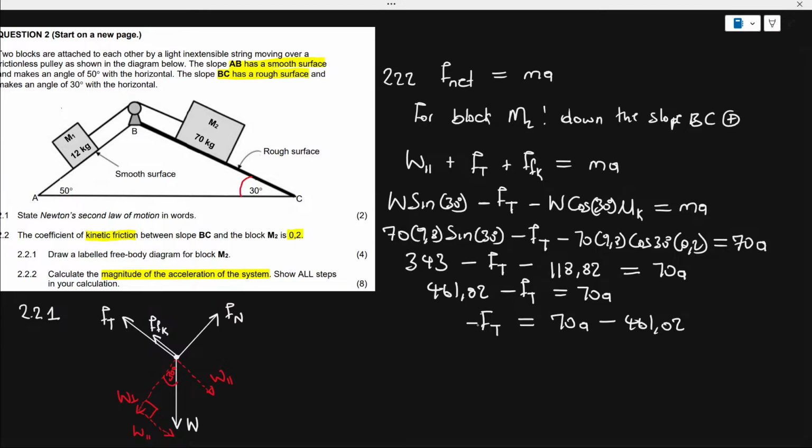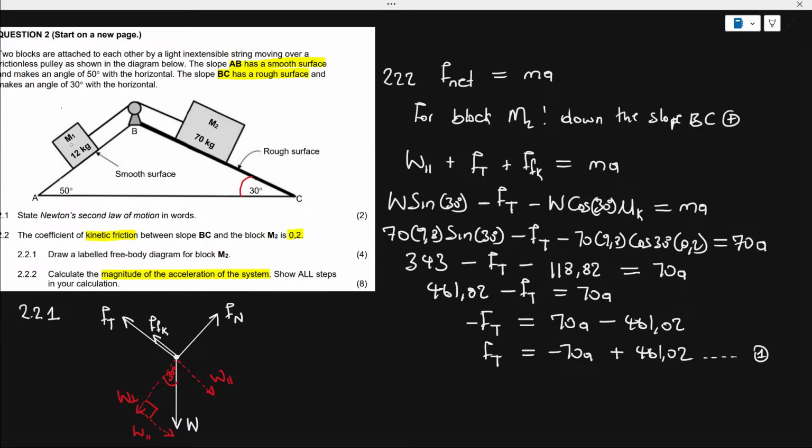And now we can multiply by negative throughout this equation to get Ft is equal to negative 70A plus 461.02. So let us call this our equation 1. Now, making Ft the subject of the formula will be an advantage here, because the next step will be to do the exact same thing but for block M1.